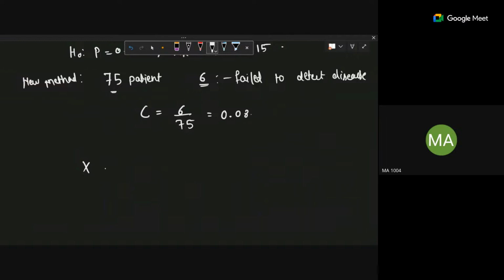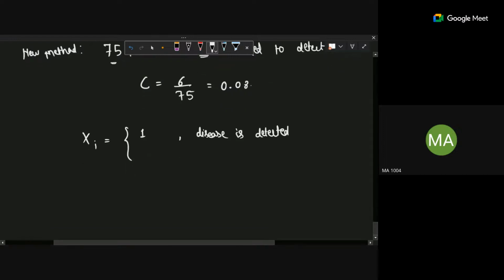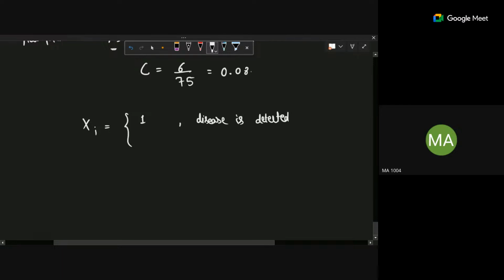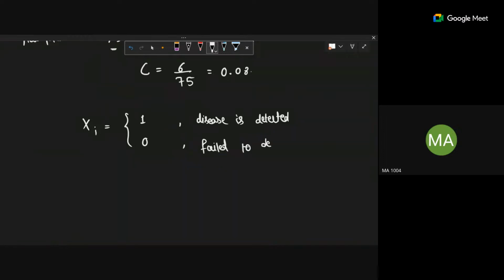So I can write xi as taking 1 if disease is detected, because we are checking the machine for that only, and we'll take 0 if it failed to detect.